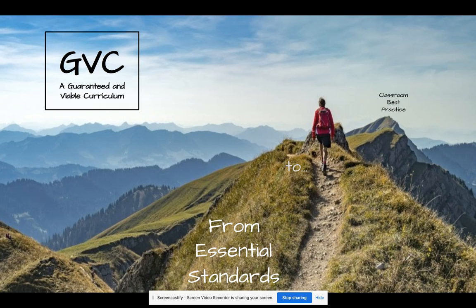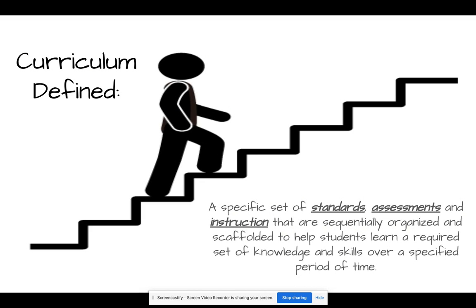So let's get started. First thing is, obviously, we're going to talk about a GVC, a guaranteed and viable curriculum. We need a defined curriculum, and this may seem elementary to a lot of you guys, but it is a specific set of standards, assessments, and instruction that are organized sequentially, so that you can't mix and change 4th unit with 1st unit, 3rd unit with 2nd unit.